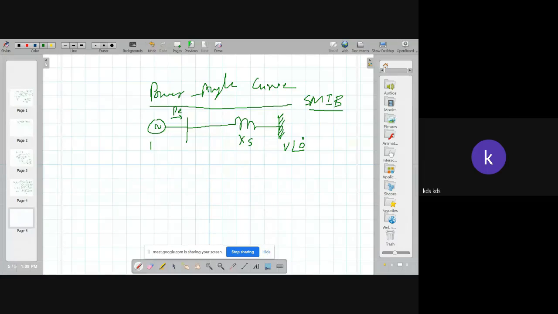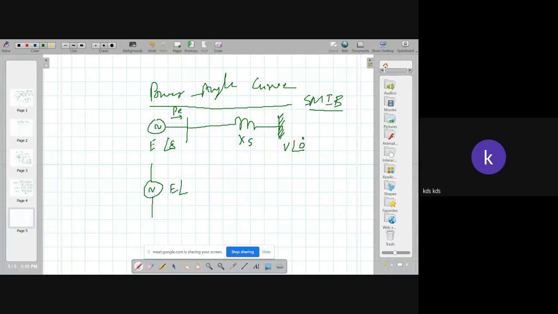E angle delta at the generator is behind the synchronous reactance of the generator. So its single phase equivalent can be represented by this diagram.